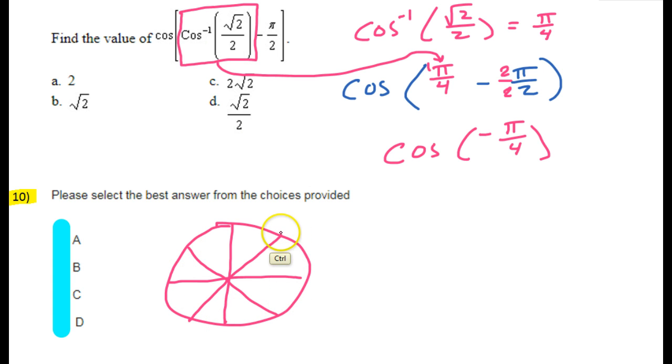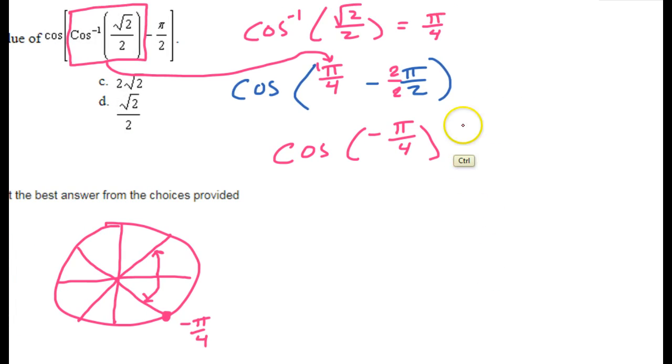So this is like positive pi over 4 if I go this way, and if I go this way, I'm doing negative pi over 4. So negative pi over 4 is right here. Okay, keep that in mind. Now, if I want to know what the cosine of negative pi over 4 is, I start with the reference angle, which of course is pi over 4.